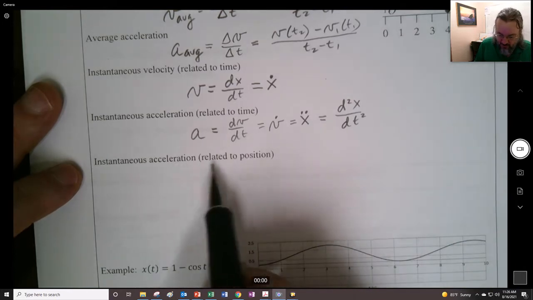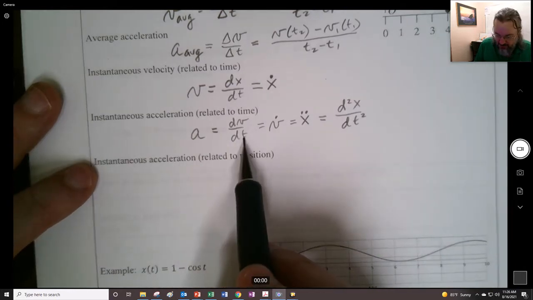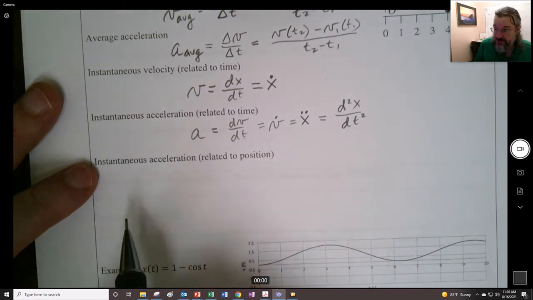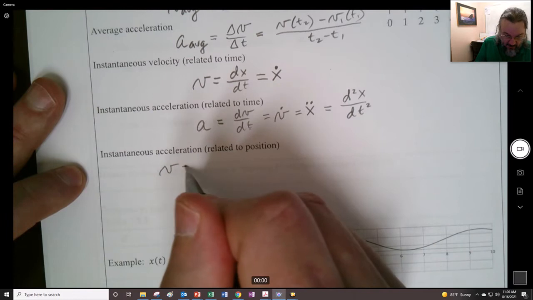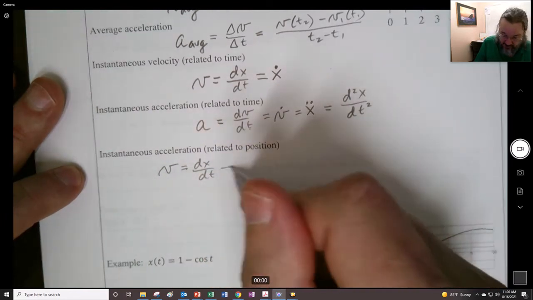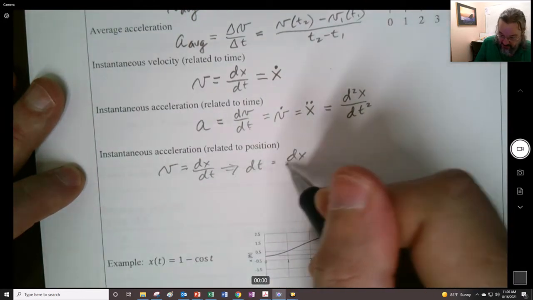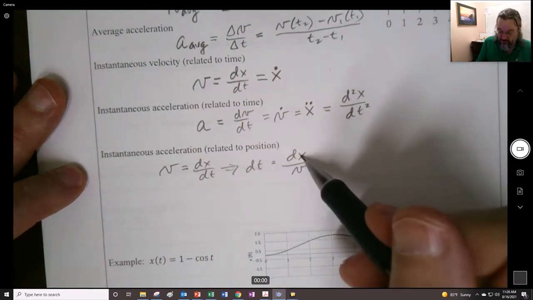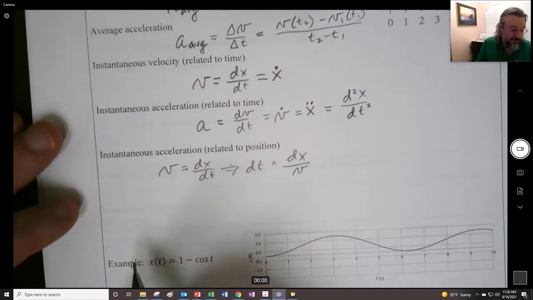Now there's another one here. Instead of acceleration as a function of time, we can also have acceleration as a function of position. And how do we do that? Well, we can write out this dx/dt instead as dt equal to dx over v, right? We just multiply that over on this side and then divide out through there.